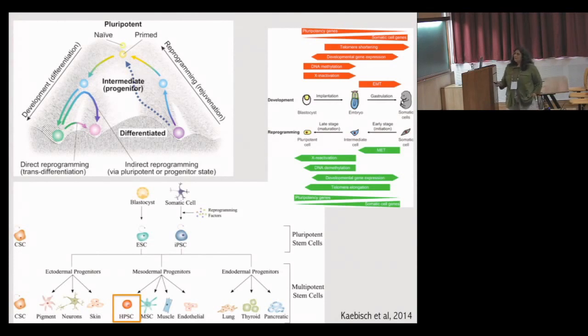So essentially what this allows us to see is that during development, a spatiotemporally regulated set of changes in the genome allows this to be unidirectional. And then the addition of a cocktail of factors on differentiated cells can allow us to reverse this situation, right?